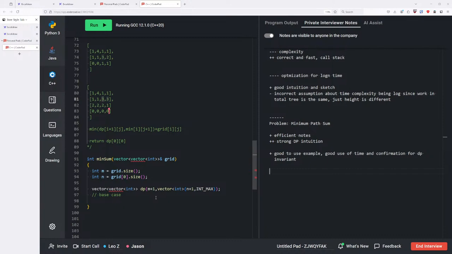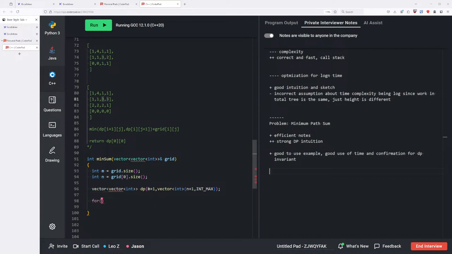If we initialize it to infinity, then if we do the min between, oh sorry, this should be DP, the min between the one below it and the one to the right, yeah, I think initializing to a big value would already cover the base case here.